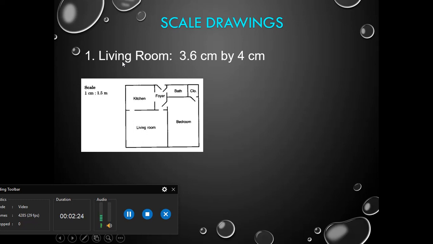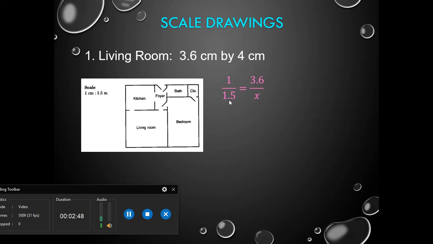So on your notes, we're calculating the living room. Without us having to measure it, they're telling us that the dimensions on the scale are 3.6 centimeters by 4 centimeters. We're going to convert one dimension at a time. So I'm going to set up my first ratio. You can see on the left, I have the scale provided, 1 centimeter on top, 1.5 meters on the bottom.